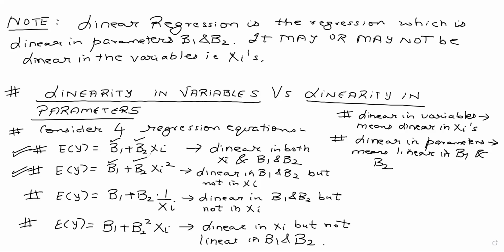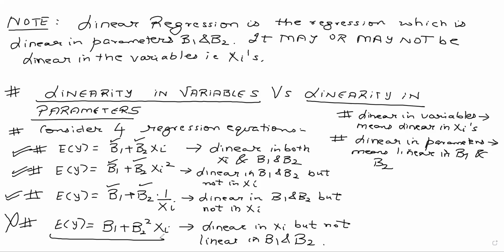Is the third regression equation a linear regression? Yes. Why? Because again it is linear in parameters, b1 and b2, although it's reciprocal in xi. Is the fourth regression equation linear regression? No. The last regression equation is not linear regression.